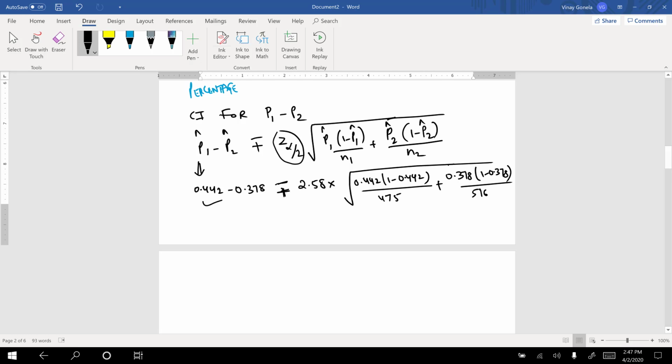So if I calculate this, the first portion would be 0.064189 minus plus 2.58, and this calculation would be 0.031223.